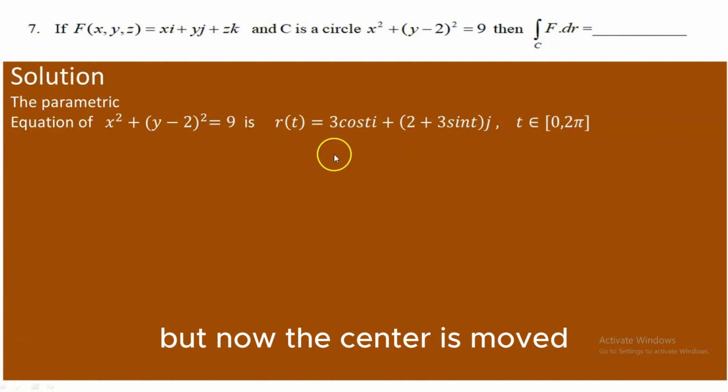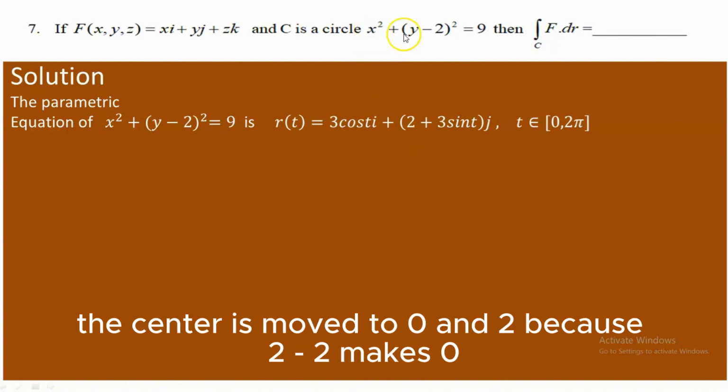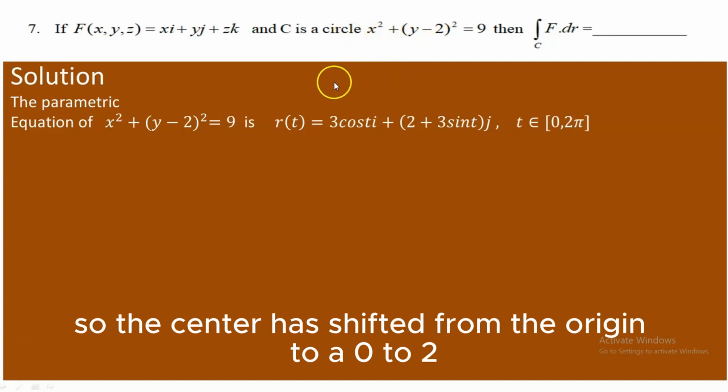But now the center is moved to (0, 2), because y minus 2 makes 0. So the center has shifted from the origin to (0, 2).